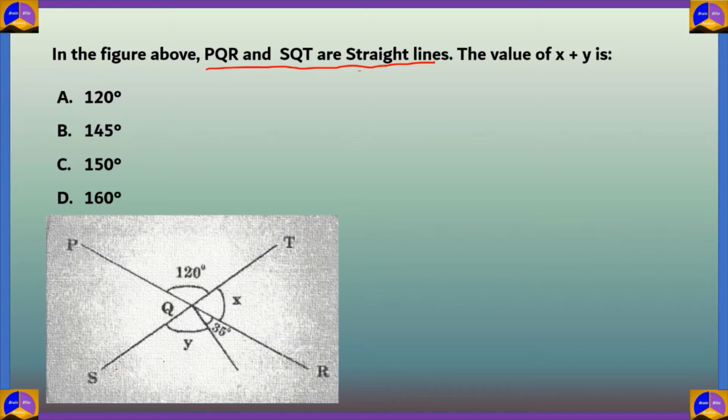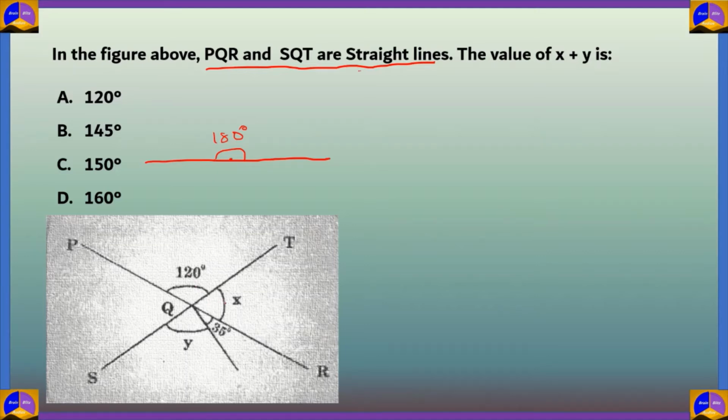Now let's focus on the line SQT. A straight line resembles a straight angle, that is 180 degree. So one side of the line, the full part, the angle will be equal to 180 degree.